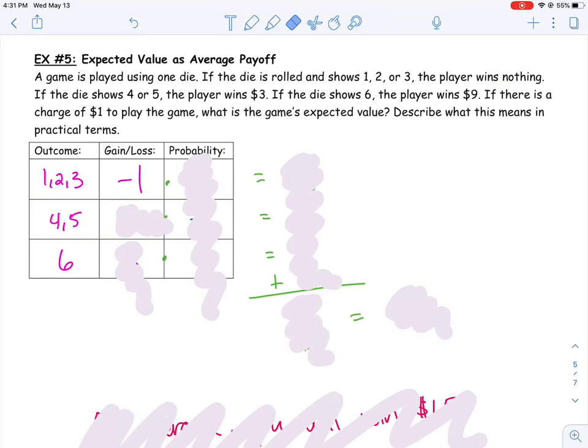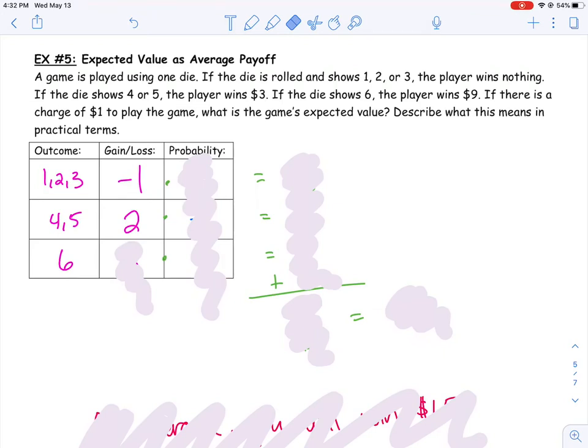All right, let's do the same thing for a 4 or a 5. If I roll the dice and I land on a 4 or 5, what do I gain or lose? Well, it says in the problem that the player wins $3. But now be careful. When we win $3, haven't we actually paid some money to play? We've paid $1 to play. So really, I'm not up $3, I'm really only up $2.